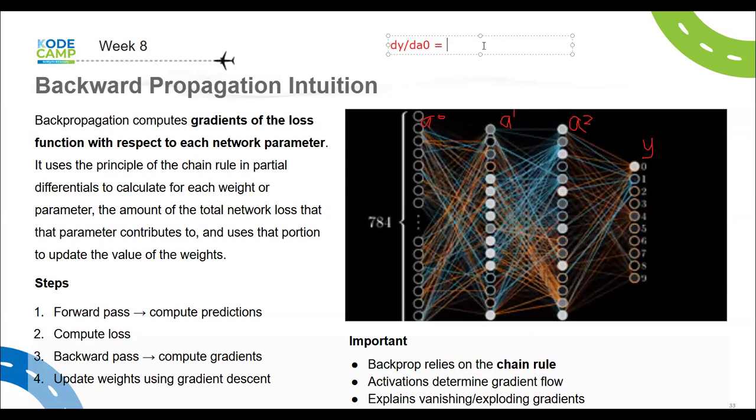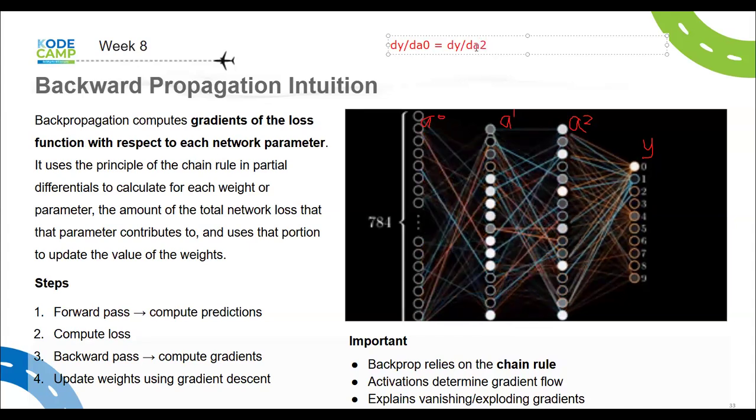So it's kind of the same thing, but this time around, for me to find the impact across this, we would have to get the gradient of all intermediate values. So that would be dy/dA2 times dA2/dA1 times dA1/dA0.